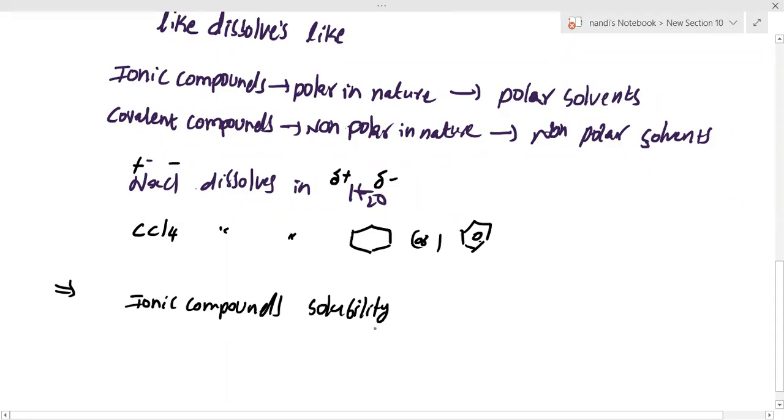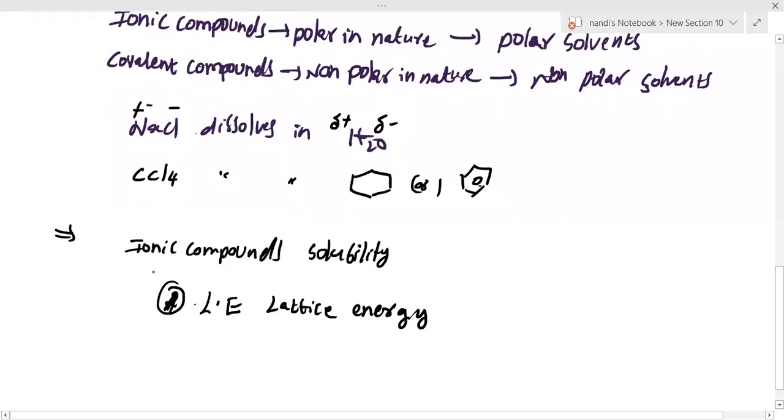Ionic compound solubility depends upon two factors. One is lattice energy, and the second one is hydration energy. I'm giving major factors only.